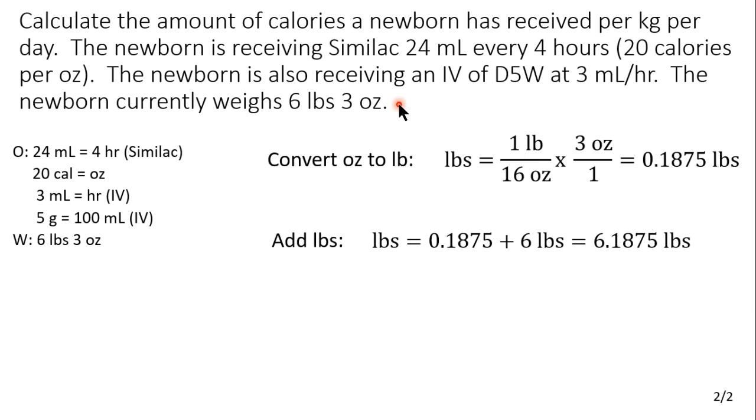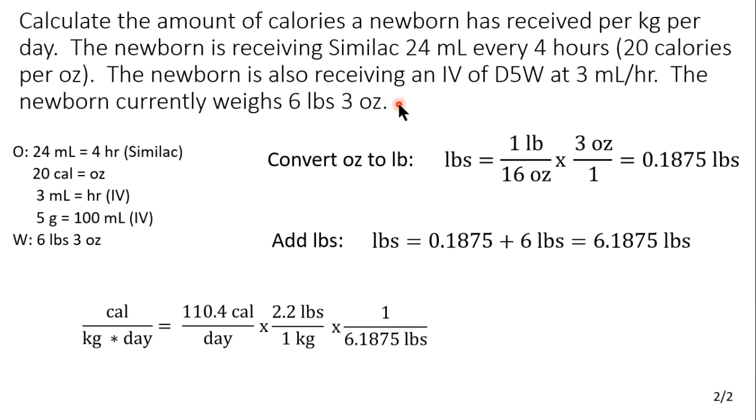And so we want to calculate calories per kilogram per day equals, so we had solved for the calories before, so 110.4 calories per day times, we need kilograms on the bottom, so we would add our conversion factor of 2.2 pounds over 1 kilogram, and then multiply times the weight.